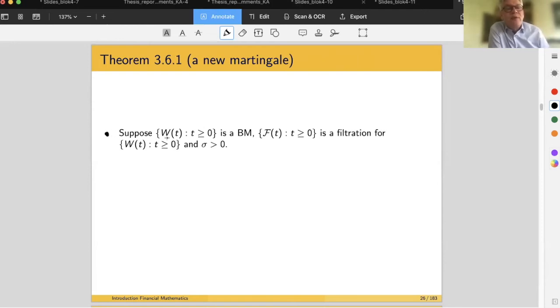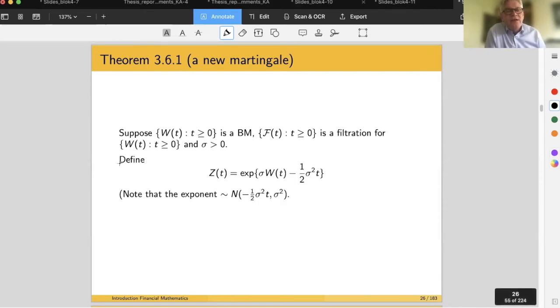Suppose we have this Brownian motion Wt, t greater than or equal to 0, and Ft, t greater than or equal to 0, is the filtration for the Brownian motion. And we have sigma positive, so again a volatility parameter, if you wish, which is positive.